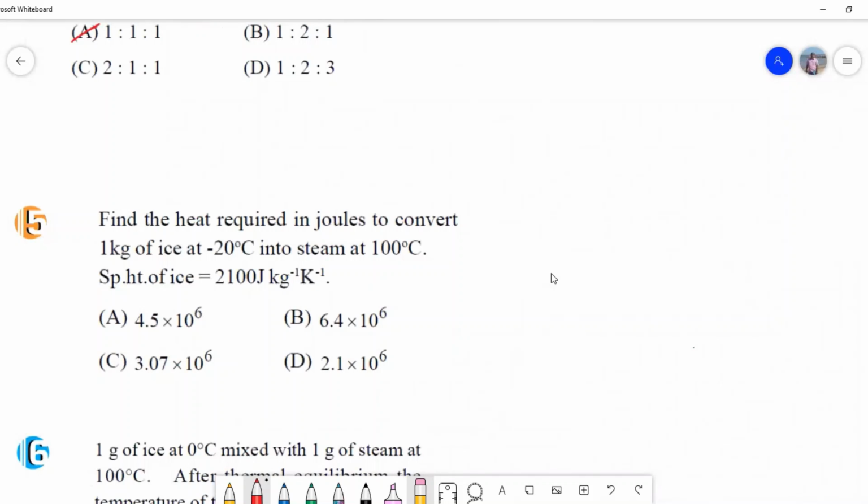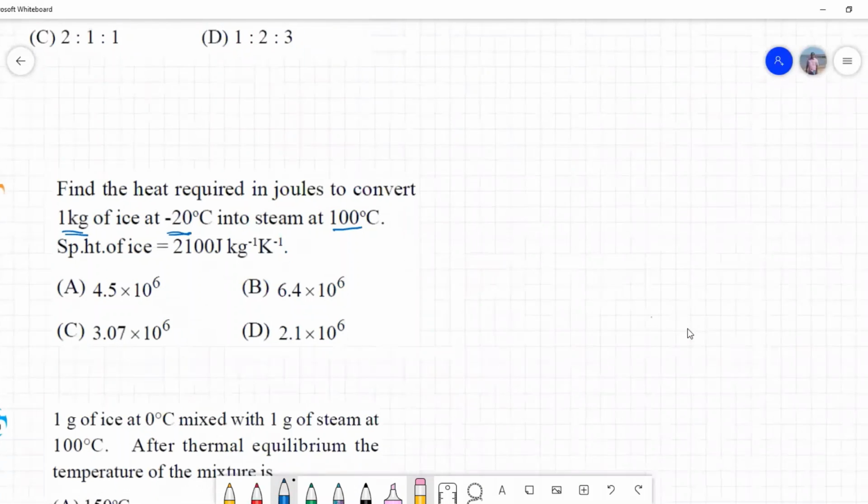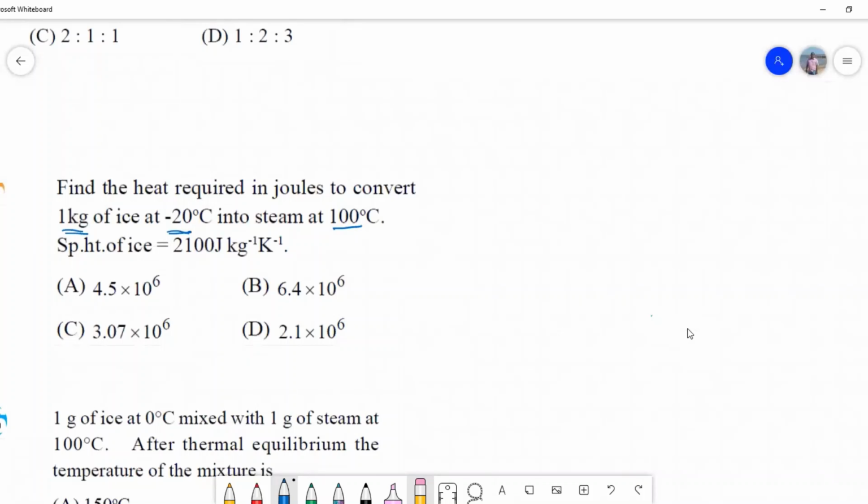Here you have to read the problem carefully. Find the heat required in joules to convert 1 kg of ice at minus 10 degrees to steam at 100. See, in calorimetry, calculations will be simple if you take mass in grams. So first let us take the change of state.